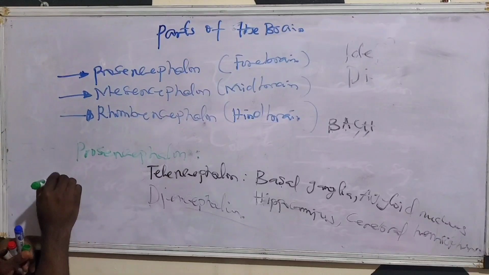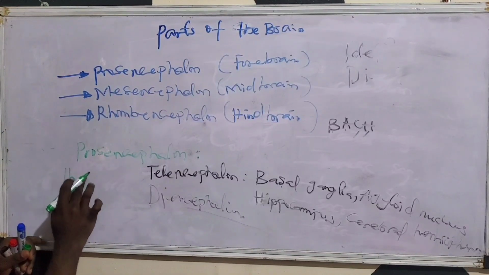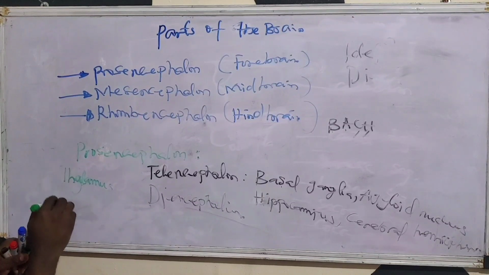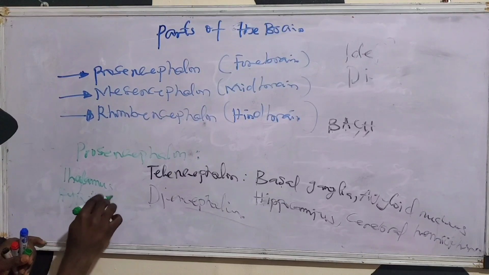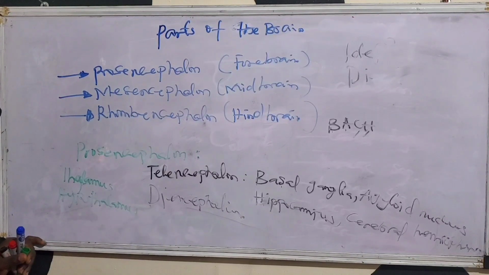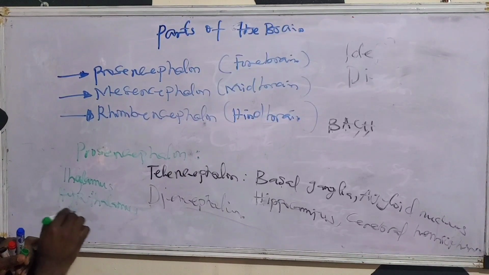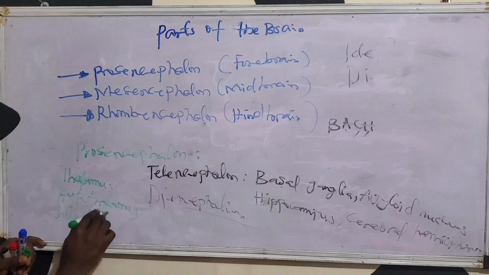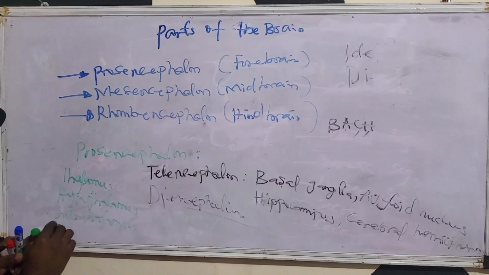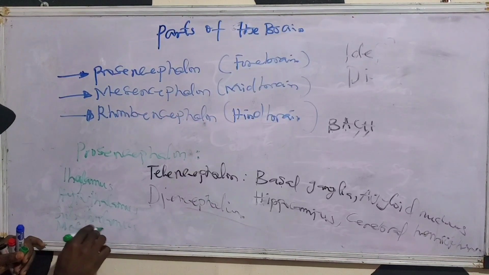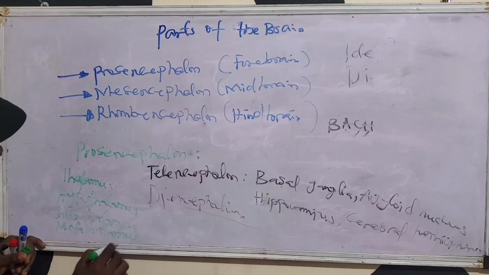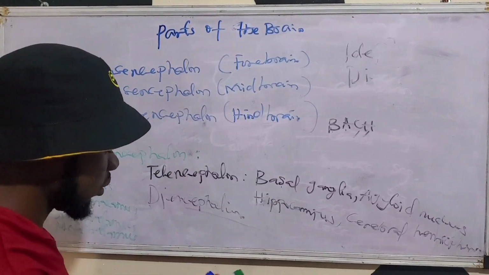Now, under this guy, you find structures like the thalamus, hypothalamus, subthalamus, and the final one, metathalamus. Now, how do you remember this?